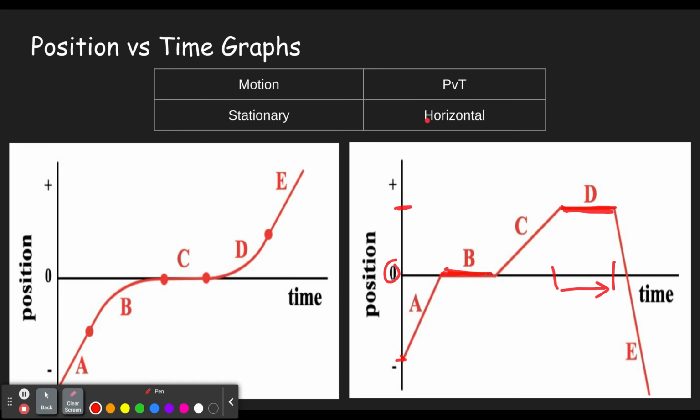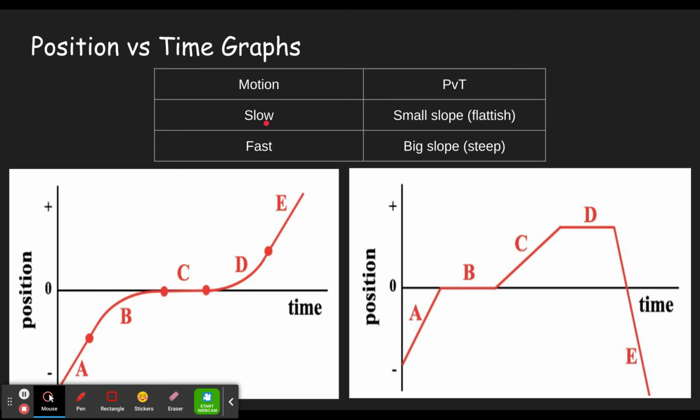Anything that's not horizontal would be moving. So anytime it asks you what sections are standing still or stationary or at rest, that's another word we use for that, then you would pick the horizontal lines. All right, on to the next one.